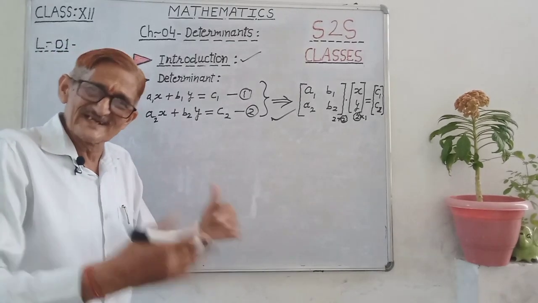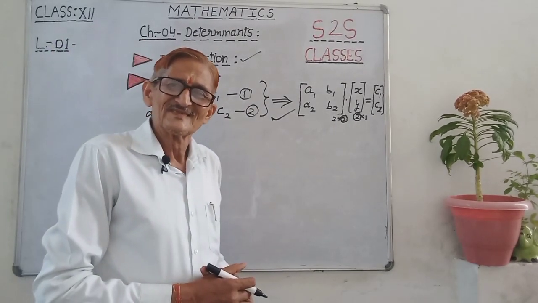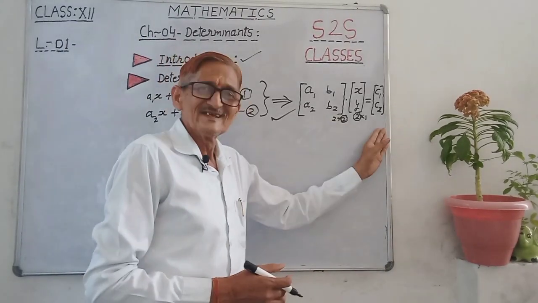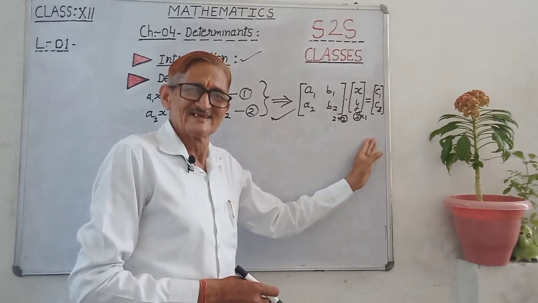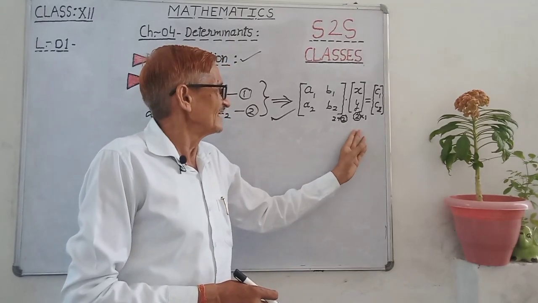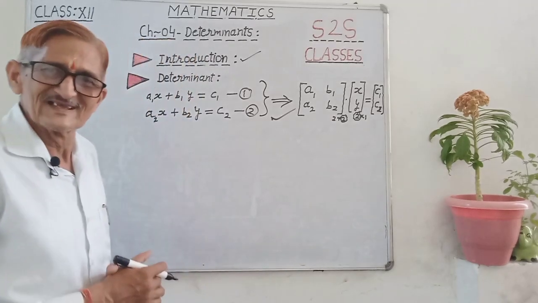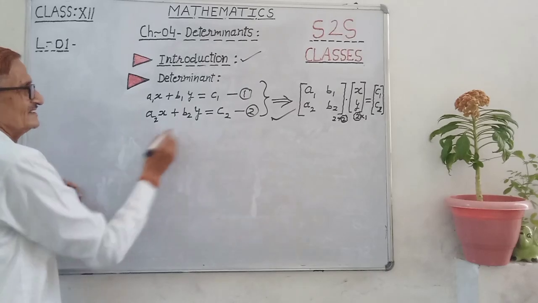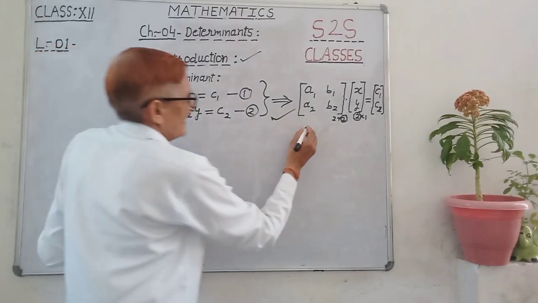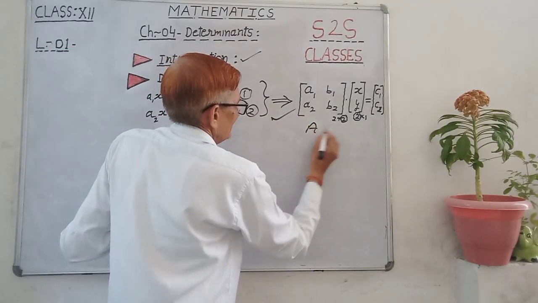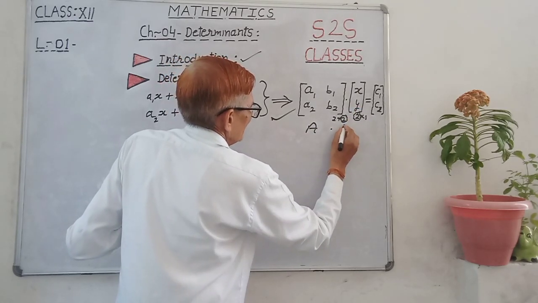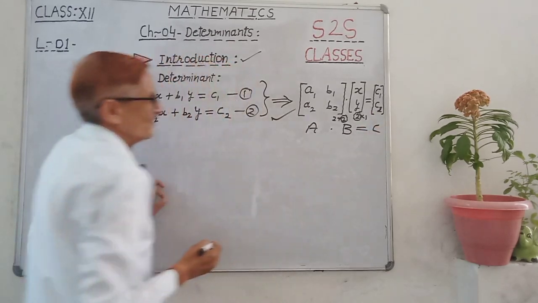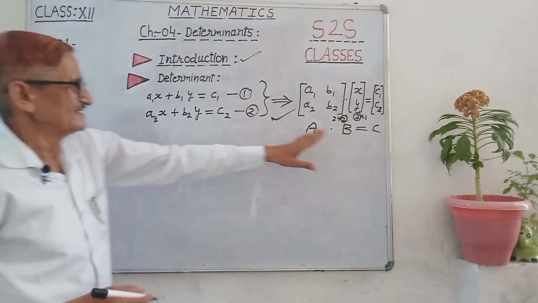This is the representation of linear equations as a matrix equation. This matrix into this matrix is equal to this matrix. Clear? So now we can say: let this be A, this be B, and A into B is equal to, let this be C. These are matrices.